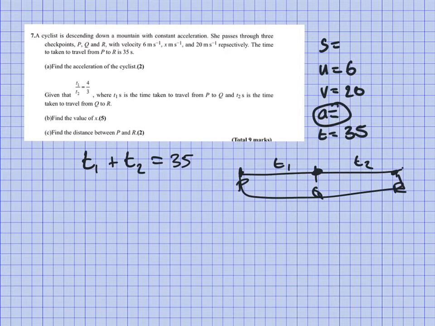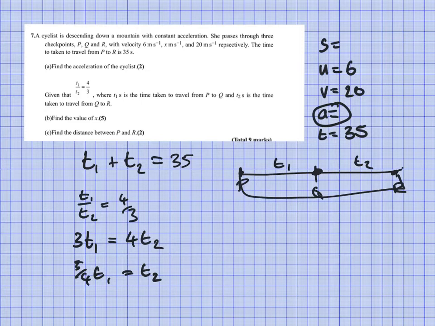But equally, I know that T1 divided by T2 equals 4 over 3. So that means that 3 T1 equals 4 T2. Or, if you prefer, I could write that 3/4 of T1 equals T2.